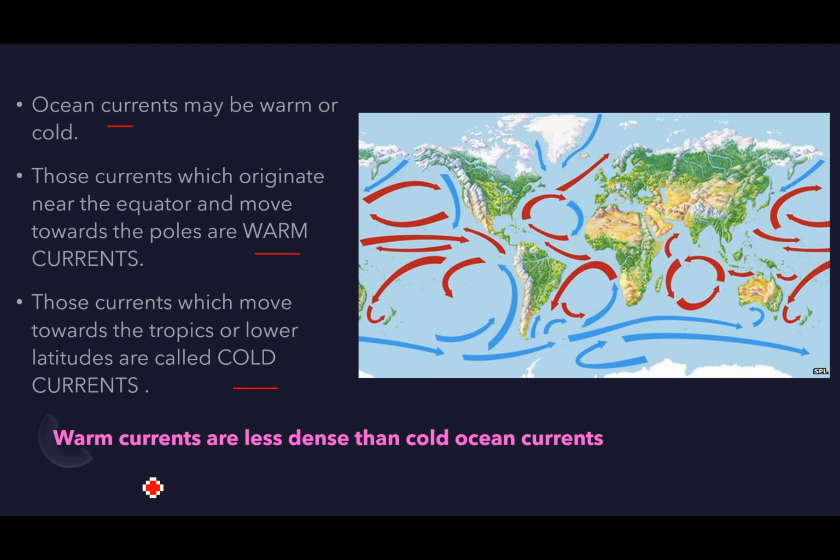You also have to understand that warm currents are less dense than the cold currents. It's the currents which can impact the climate as well, because there are areas which are frozen throughout the winters, but because of the warm currents, the water doesn't freeze here, right?